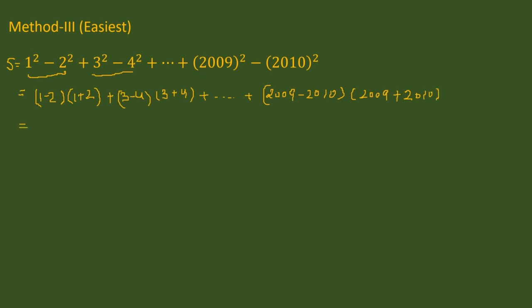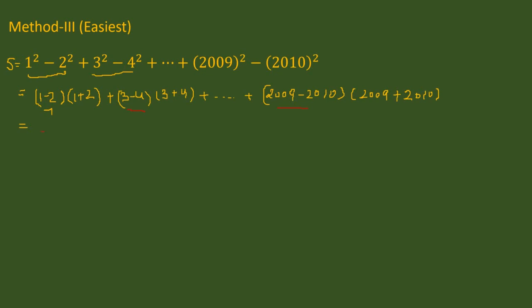Now if you observe, every time we have minus 1 here: minus 1 times (1 plus 2), minus 1 times (3 plus 4), up to minus 1 times (2009 plus 2010). So every time you have minus 1 here. It means minus 1, minus 1, minus 1. How many times? 2009 times.